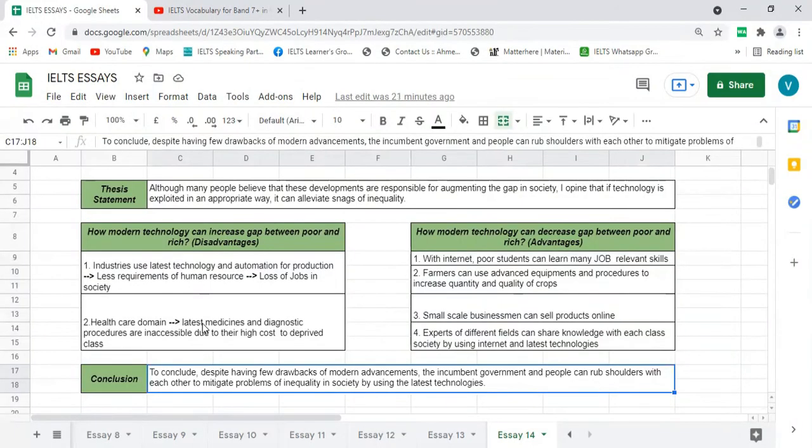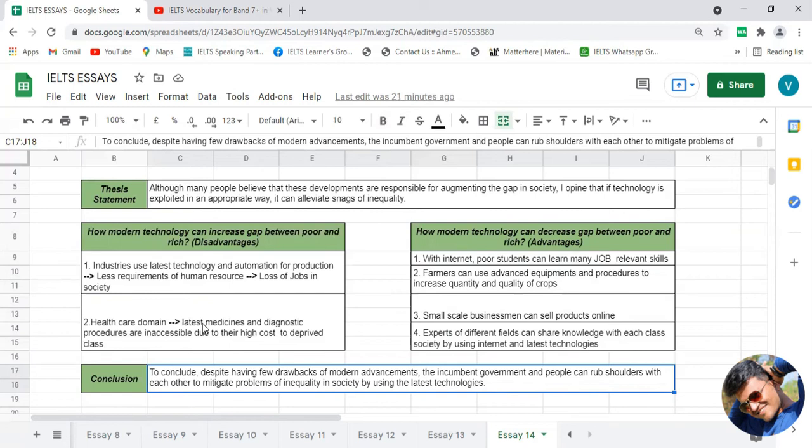As I always said, friends, whenever you have to write any conclusion for given topic, always try to ask who and what for the given topic. Who means who can do something for handling the given scenario, and what can be done by them. That would be your conclusion. So if I talk about the current topic, then the scenario is something about uses of modern technology, right?